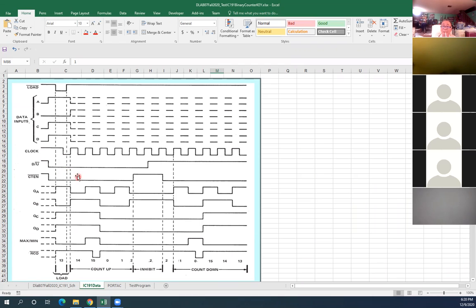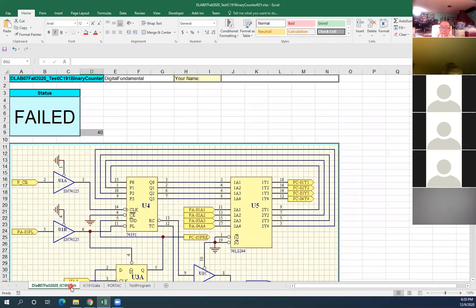CTEN is the count enable. So that one is equivalent to pin 4 and pin 5, right? That's only telling you pin number 4, when it is 1, you're not counting. Yeah, if it's 1, you're not counting.